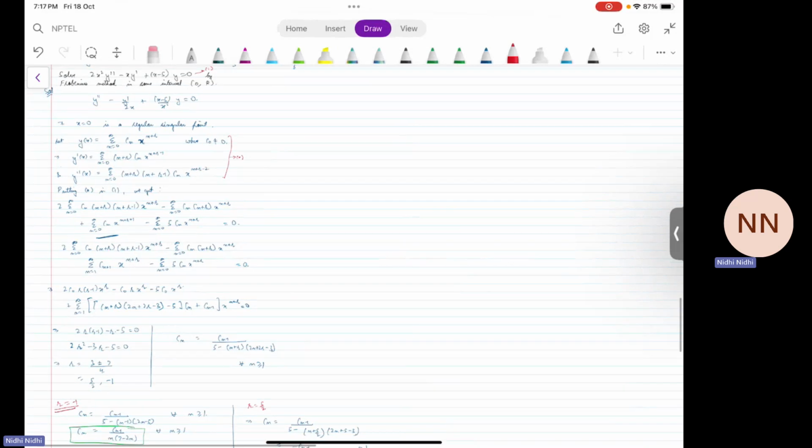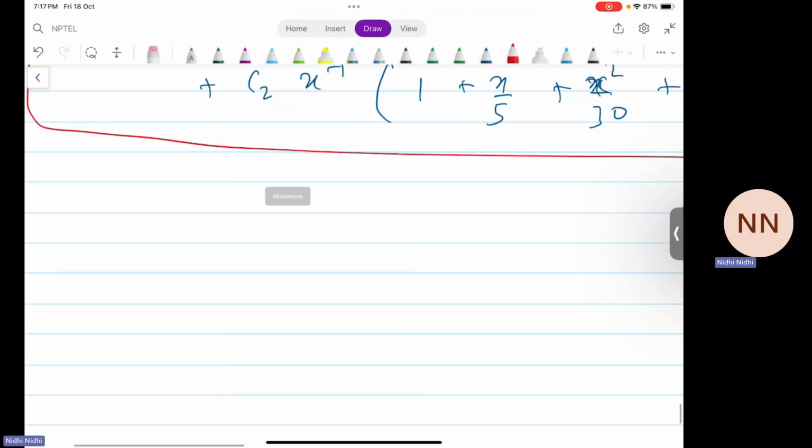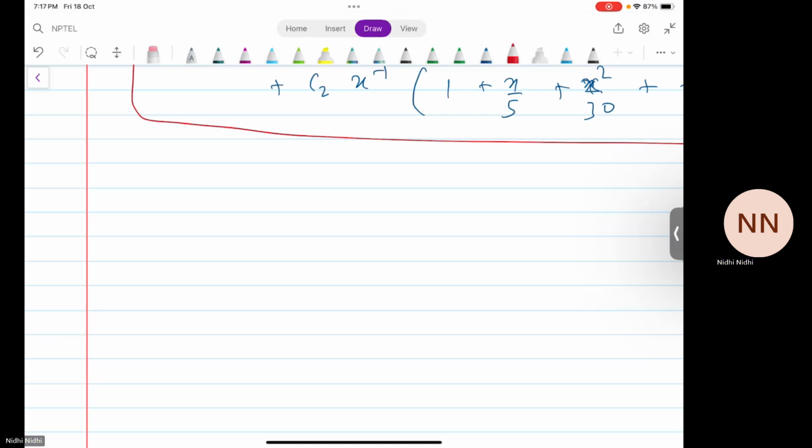Now let's solve some Sturm Liouville type of problem. Question number 5.